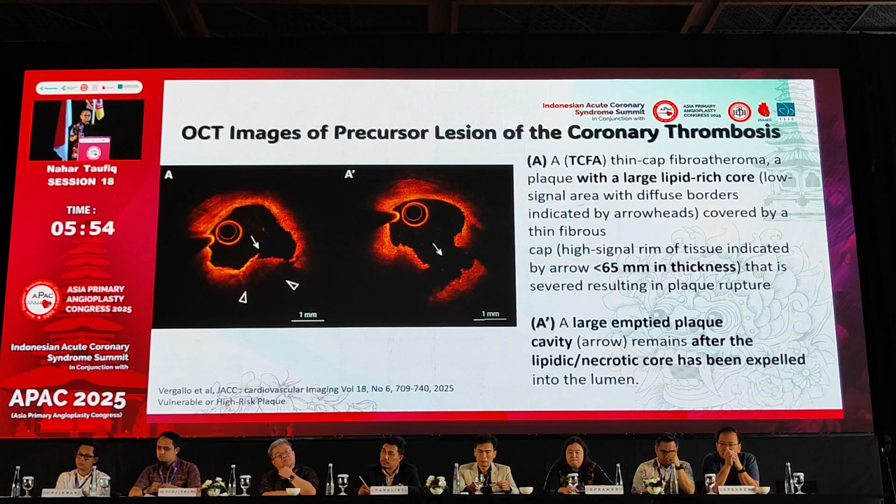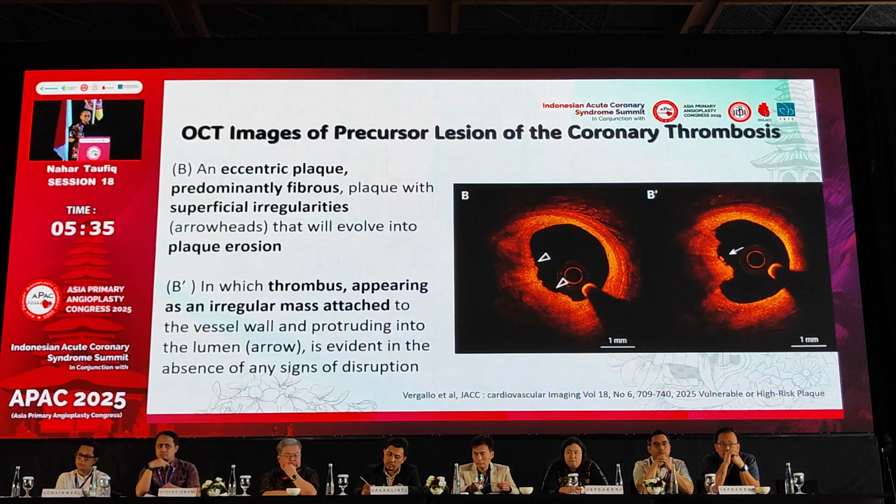The first, like the previous slide, we have to identify a thin-cap fibroatheroma with a large lipid core, and whether there is any large cavity after the lipid core has been expelled to the lumen.